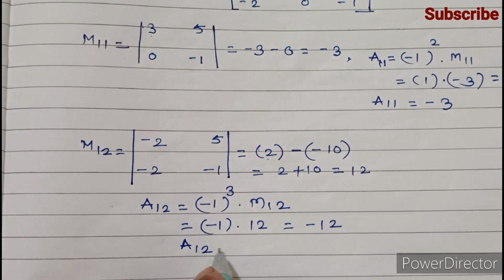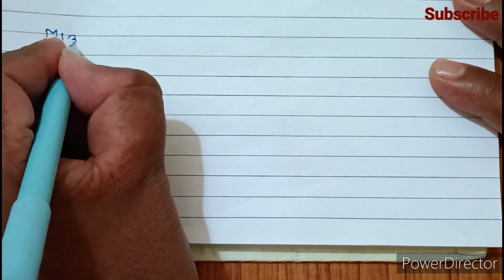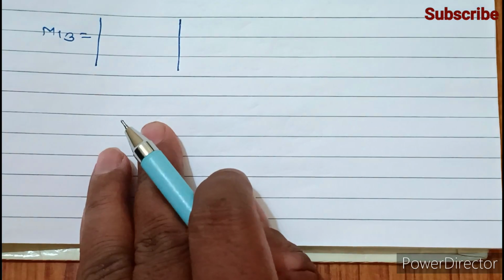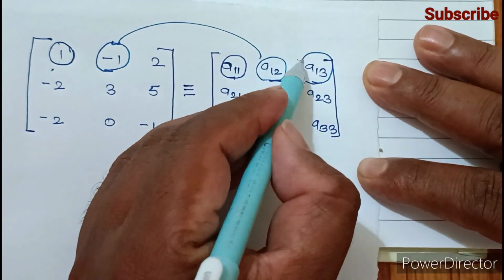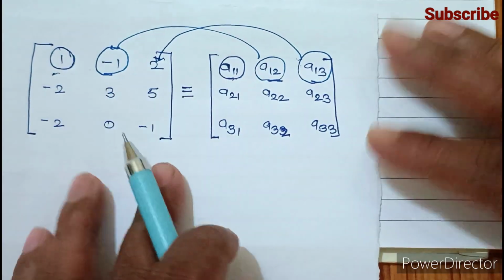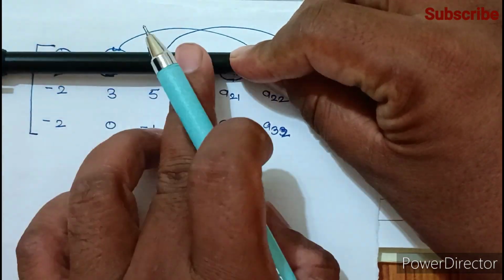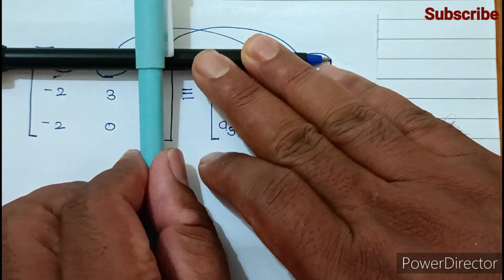A12 will be equal to minus 12. Then m13 will be the minor of first row and third column, the minor of the element a13, which is 2. We have to drop the first row and the third column.